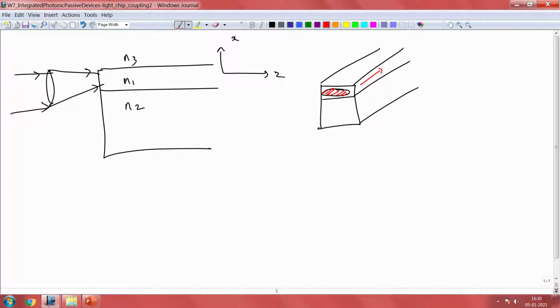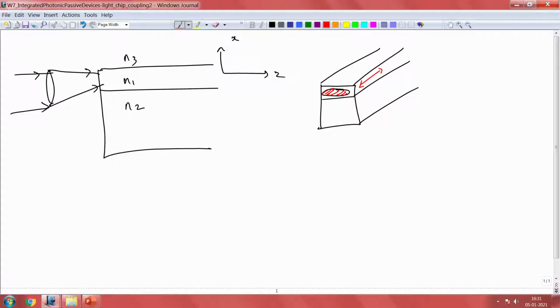And you can also invert this problem. That means I am generating light here. I might be generating light inside this thin film like a semiconductor laser, and I want to take the light out. It is a similar kind of coupling problem.